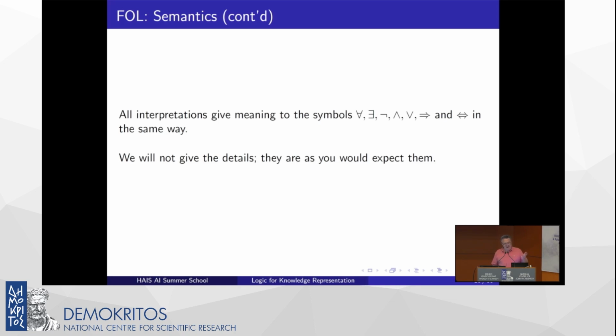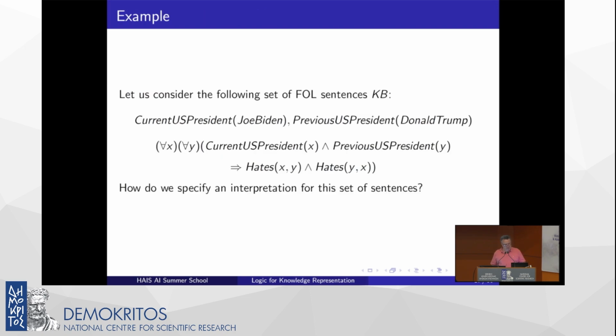And then come the symbols for all, exists, not, and, or, implies, equivalent, that is implication and double implication. And these are interpreted in the usual way, the way that you understand, okay? So if you write the universal quantifier, you mean for all the objects in the world, and so on.